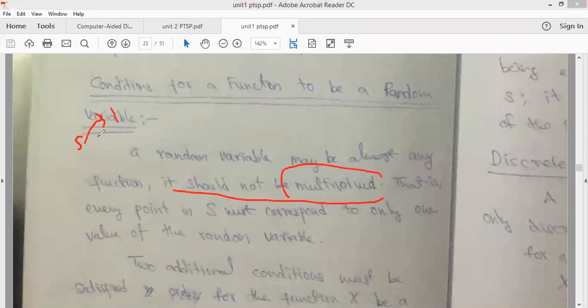If it is mapped to more than one value, then it is called multi-valued.